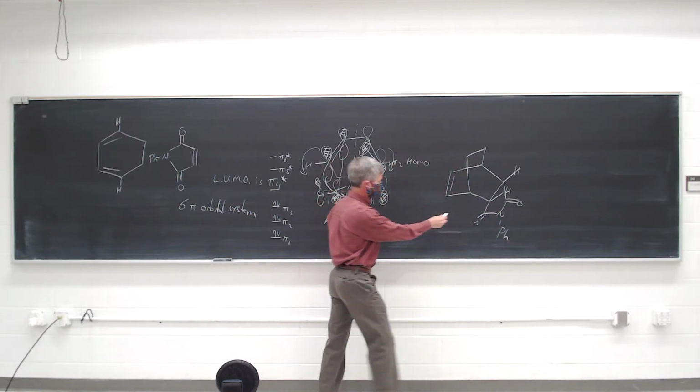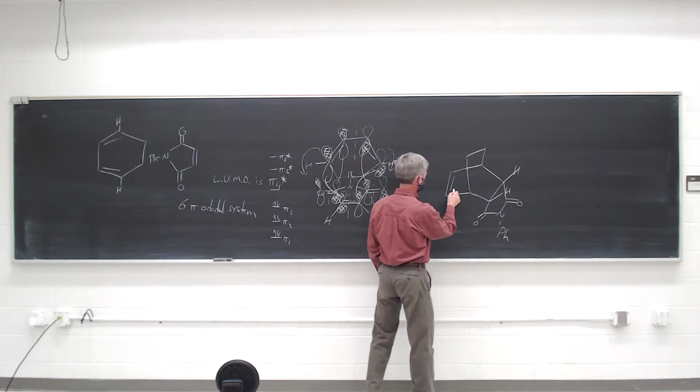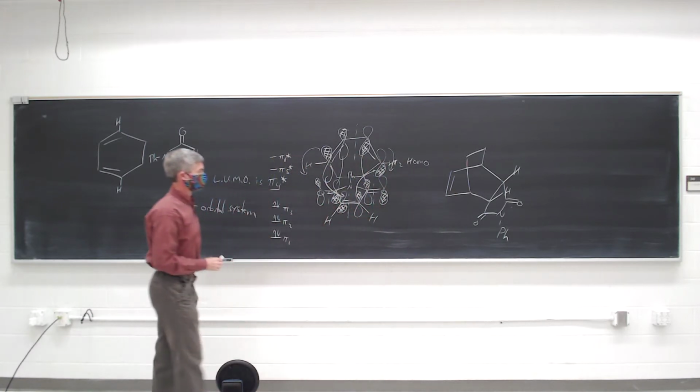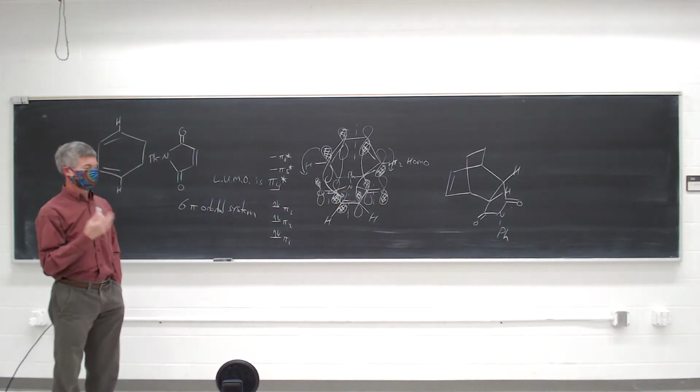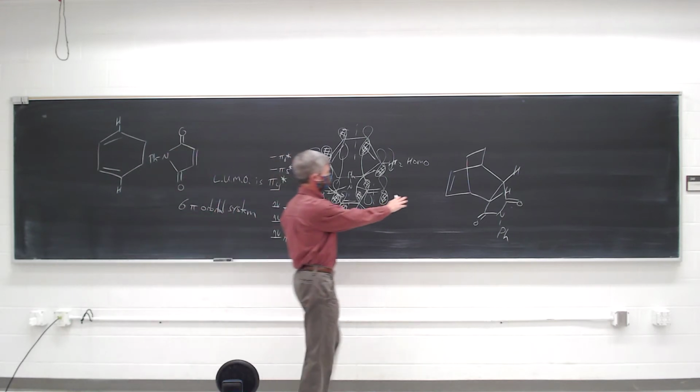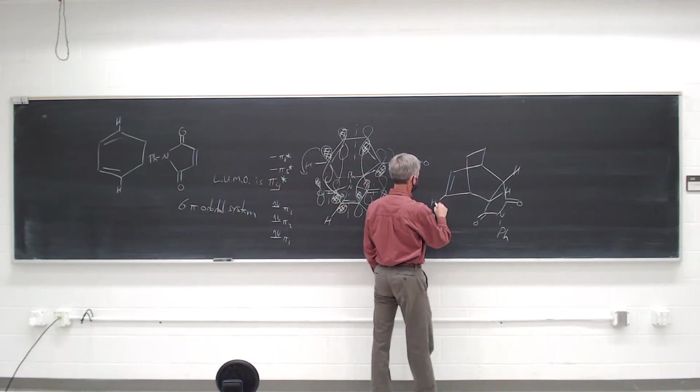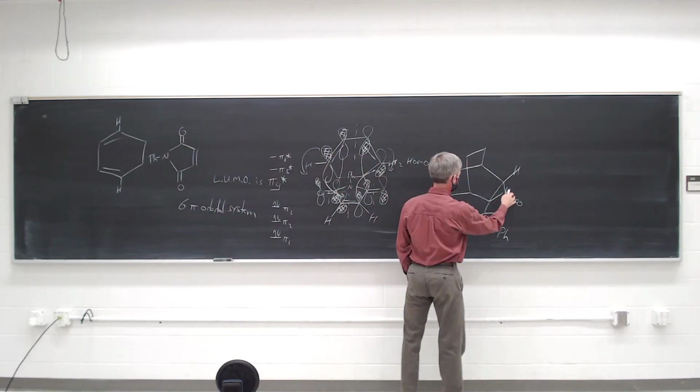So I've actually got this 5-membered ring of nitrogen on the same side of that cyclohexene as where the pi bond is. And the 2 hydrogens on the same side.